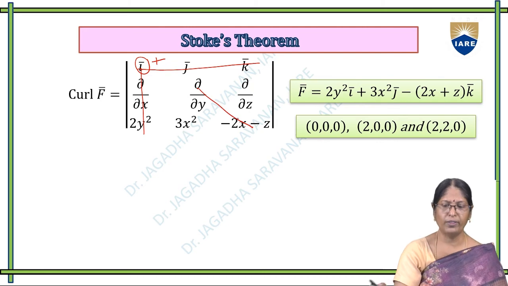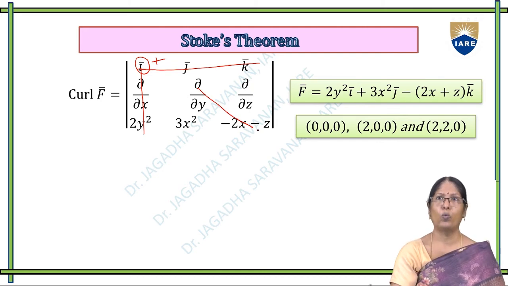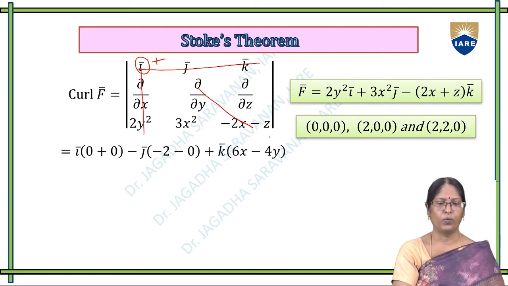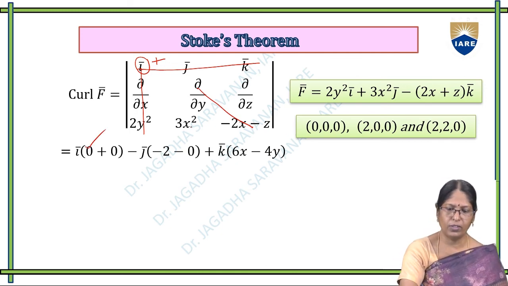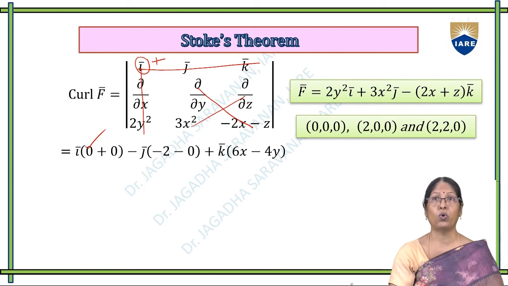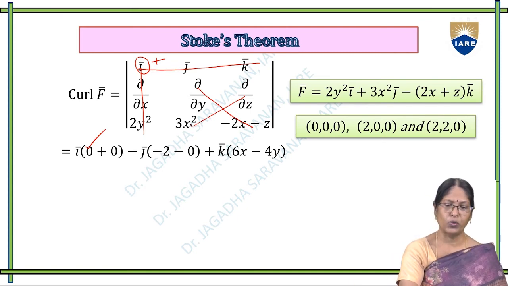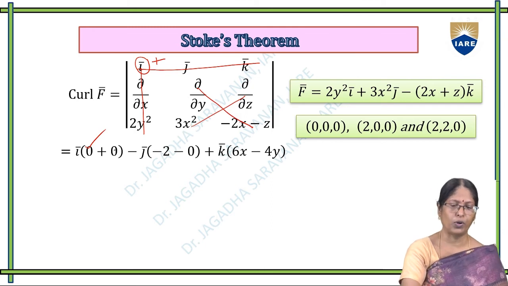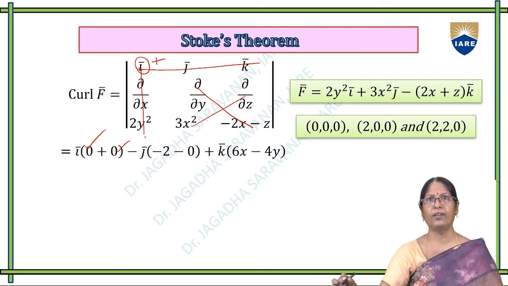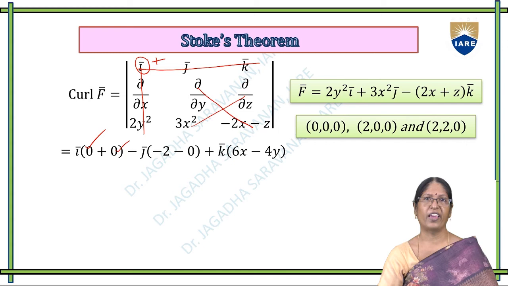Here when we do this cross, there is no y term at all, so that is the reason 0 is there. And this cross is to be done with minus of that cross value. Here also there is no z term, so here also 0. Completely in the i direction, the x direction, the mutually perpendicular vector i has become 0.